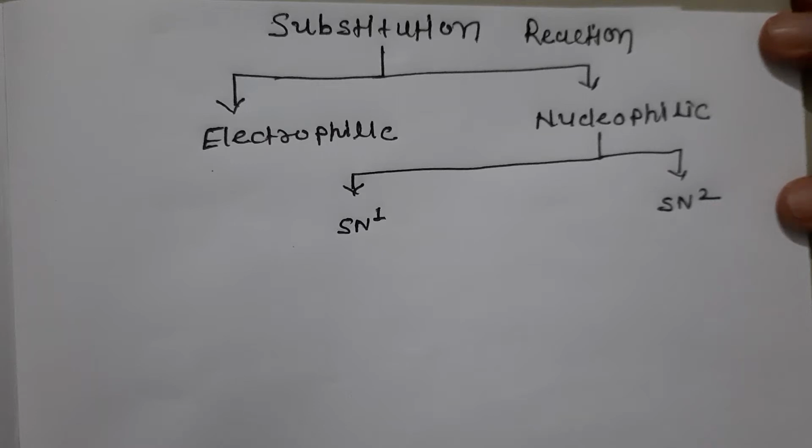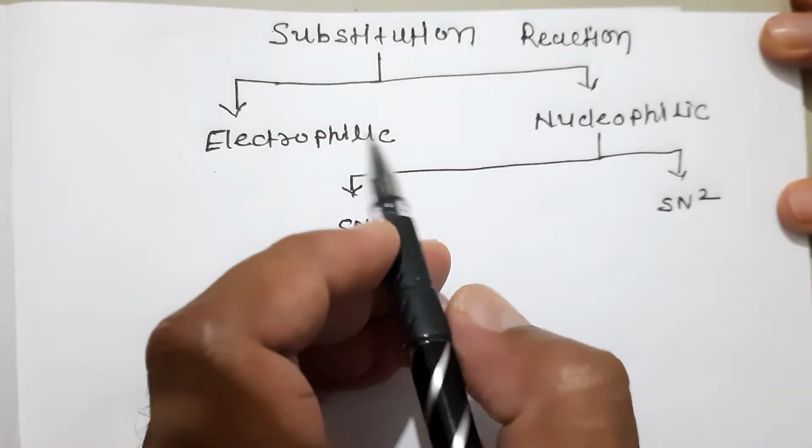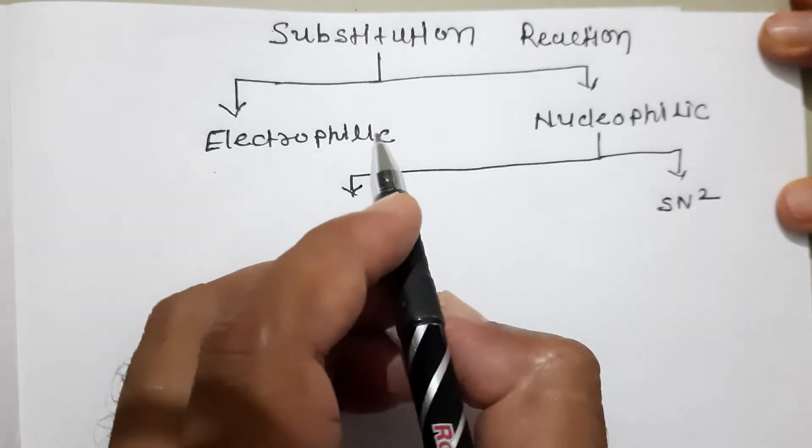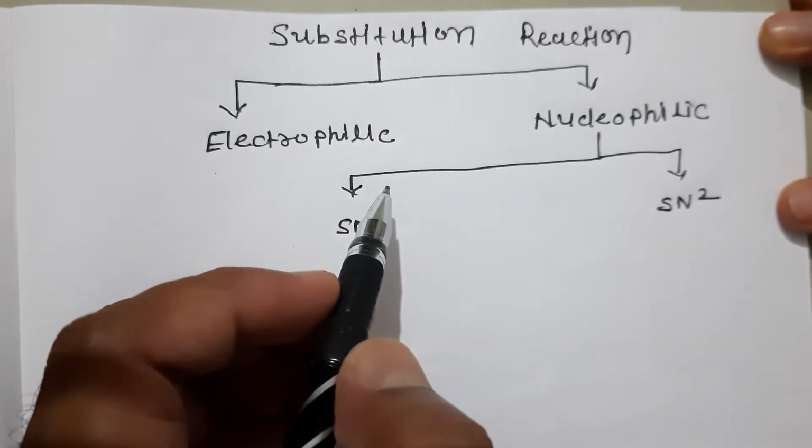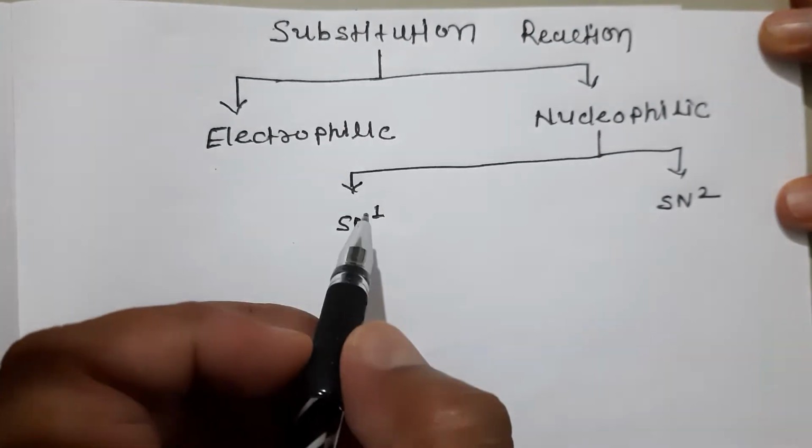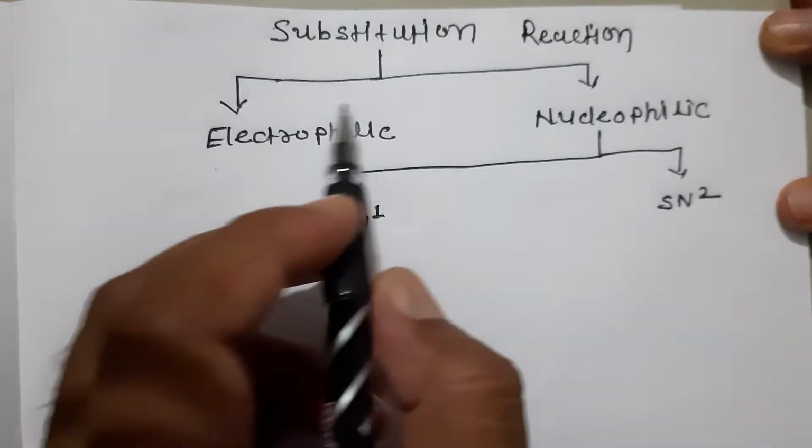Hello friends, today we will discuss one of the important and basic reactions of organic chemistry, the substitution reaction. Generally there are two types of substitution reaction, electrophilic and nucleophilic.